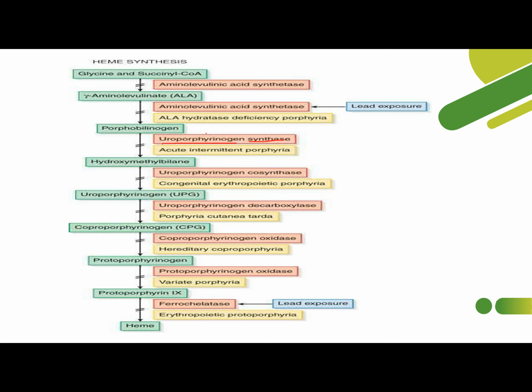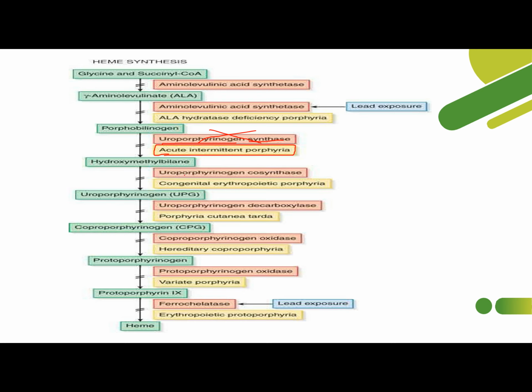Now, if uroporphyrinogen synthase is absent, it would cause acute intermittent porphyria or AIP. So please take note of that, class: the enzyme deficiency and the diseases it causes. When aminolevulinic acid synthase is absent, it would lead to ALA hydratase deficiency porphyria. When uroporphyrinogen synthase is absent, it would lead to AIP.